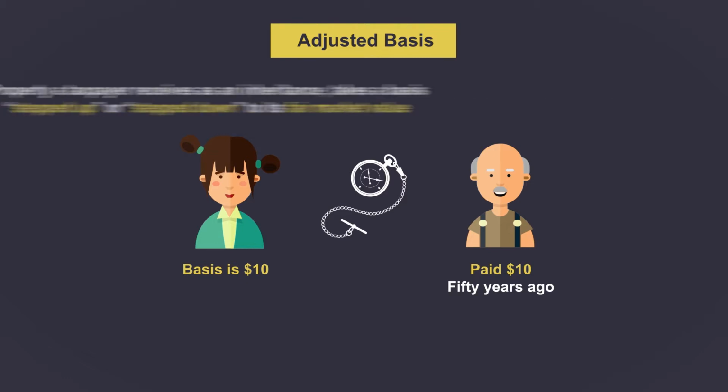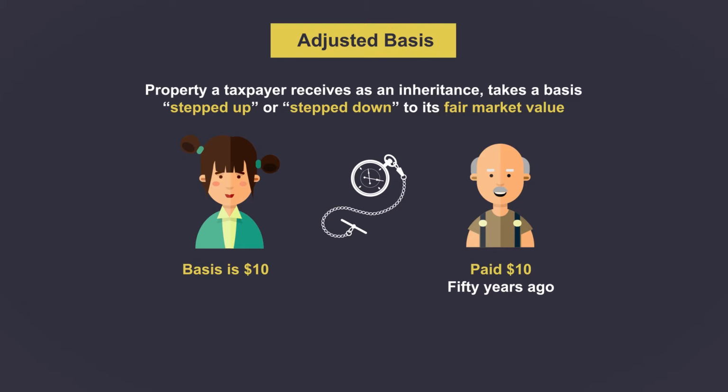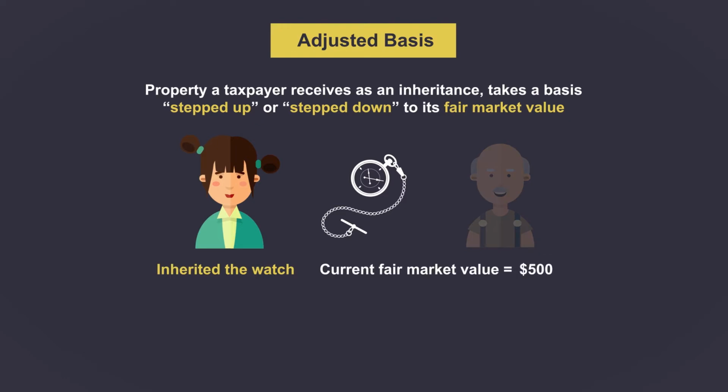However, property a taxpayer receives as an inheritance takes a basis that is stepped up or stepped down to the fair market value at the time of death. Thus, in the above example, if the taxpayer had inherited the watch after her grandfather's death when the watch was worth $500, then her basis in the watch would be $500.